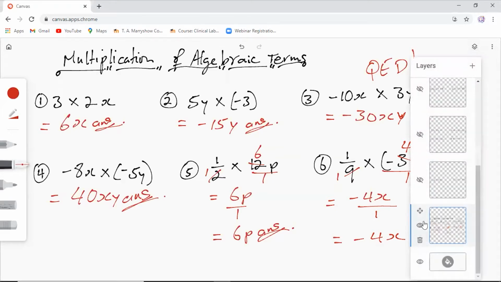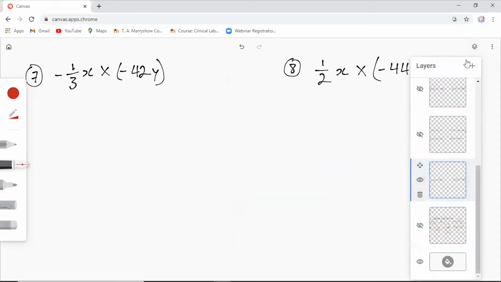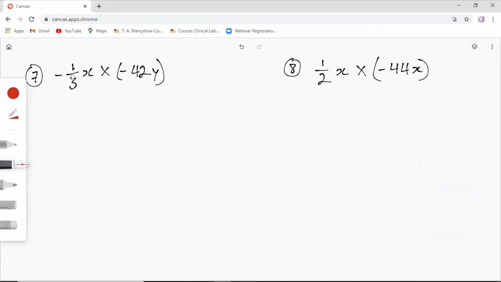Let's continue. Okay, we have here negative 1/3 x times negative 42y. We already know our answer will be positive because a negative multiplied by a negative will give us a positive. So these two signs would cancel out each other, right?